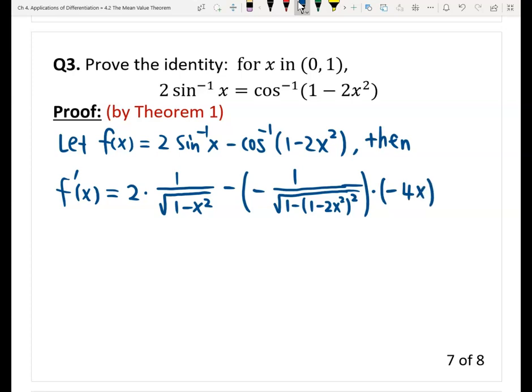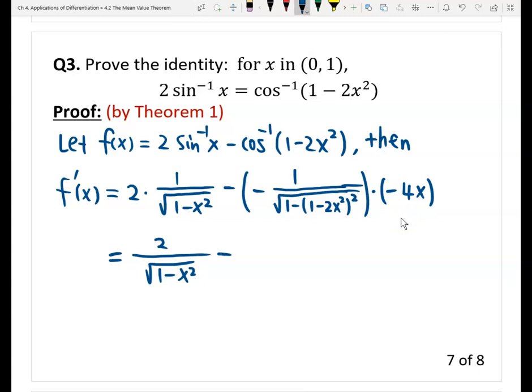Now all we need to do is simplify. It takes a little bit of calculation and you have to pay attention, but the method is super easy, not difficult. The first term is 2 over the square root of 1 minus x squared. For the second term I can simplify a little: negative negative goes to positive, and the one in front is still negative, so still minus.